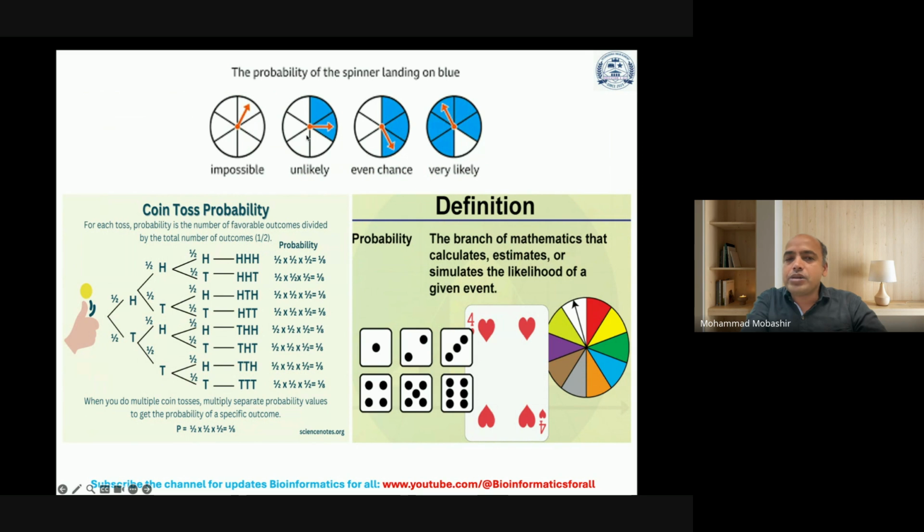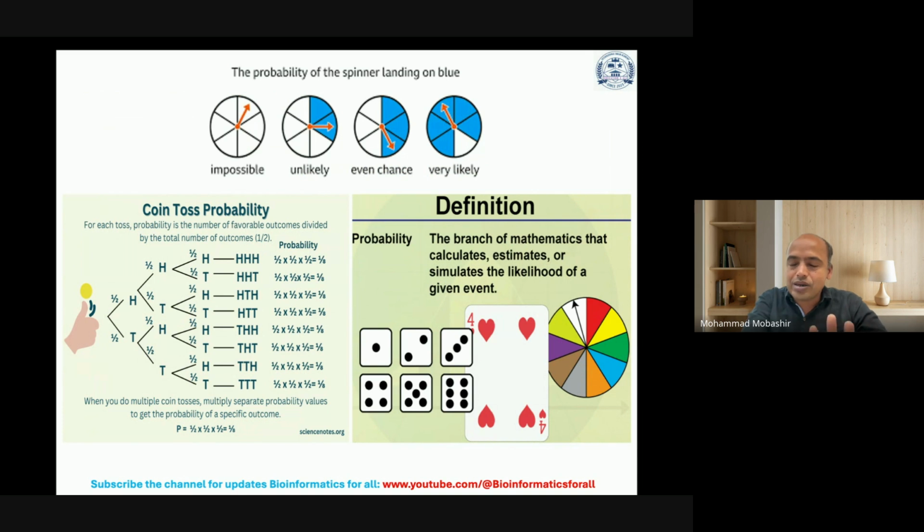Now, if you want to understand the possible probability in these four figures seen here: one is without any blue space, another is with 2 blue spaces, another with 3, another with 5. In the first case where there is no blue, the probability of spinning and landing on blue is impossible, no probability. But when you have two blocks with blue color, there is some probability, but quite unlikely.